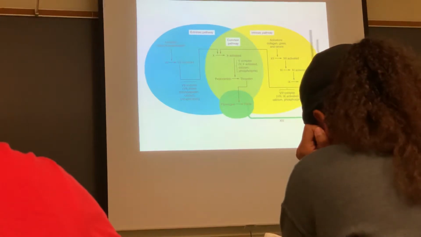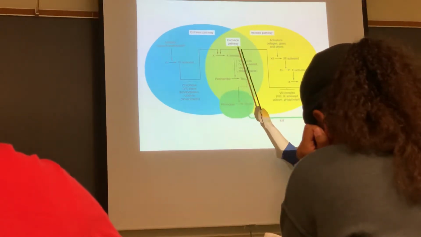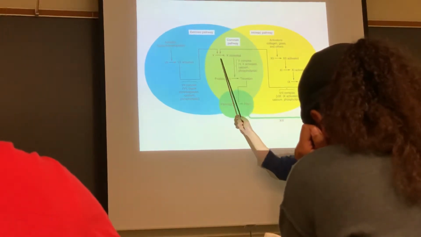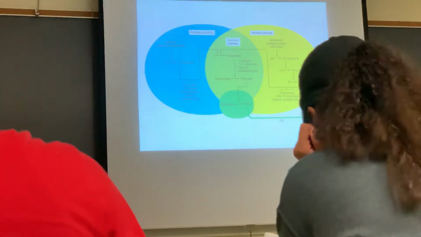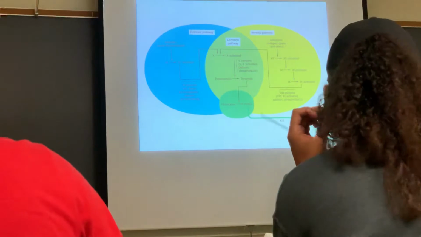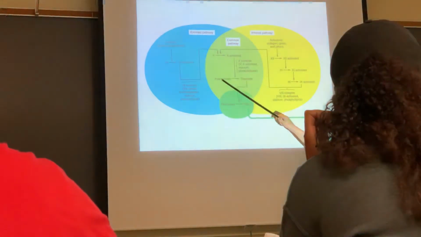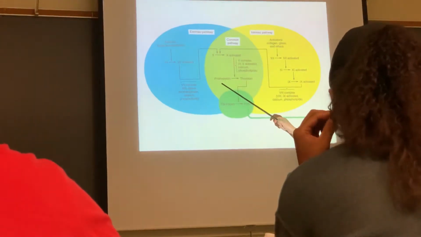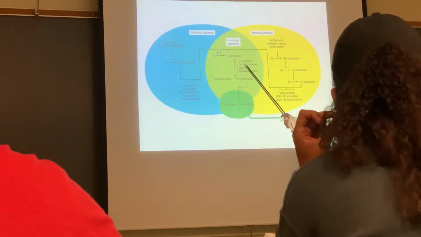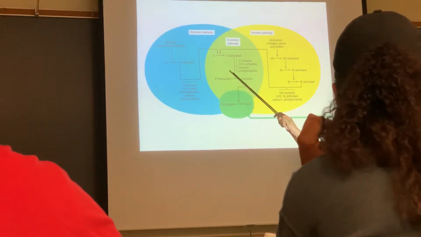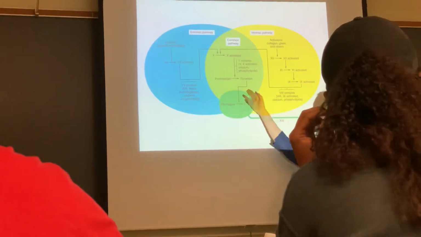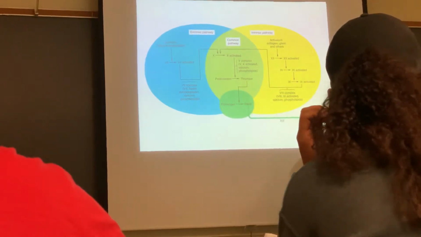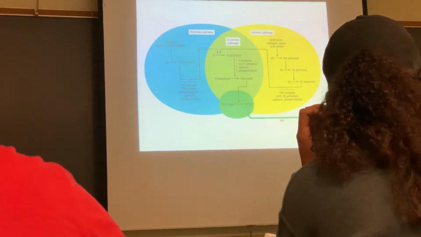Now, ultimately, if we have the intrinsic or the extrinsic pathway, it doesn't matter. We're going to get to factor 10. That's X, right? Factor 10 is going to be activated. That will activate prothrombin, which is an inactive form of thrombin. It'll activate prothrombin to thrombin, and thrombin is going to cut fibrinogen into little fibrin threads.